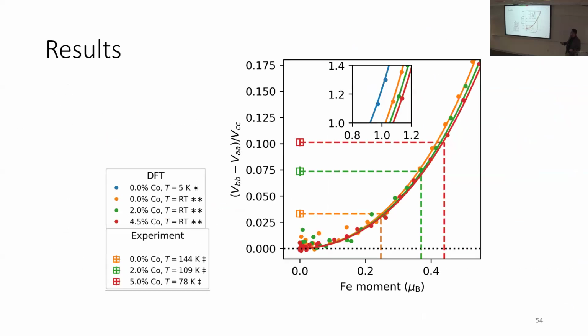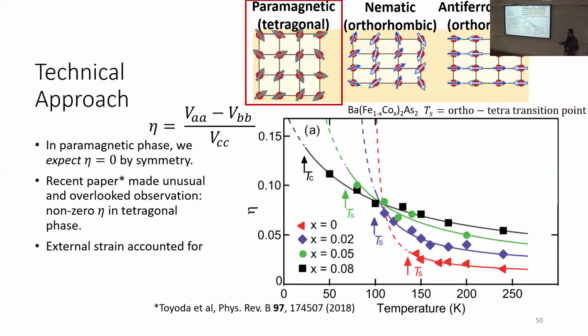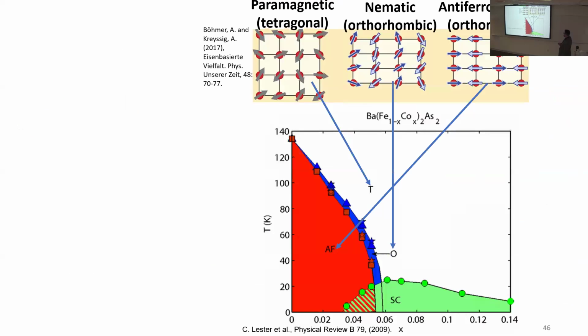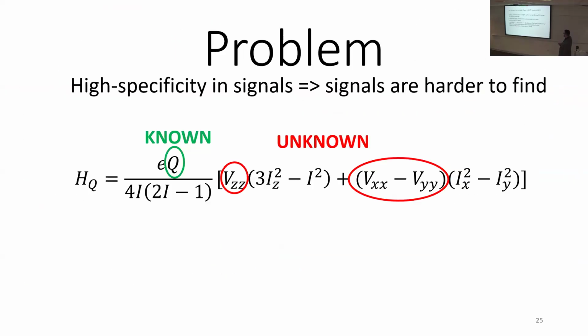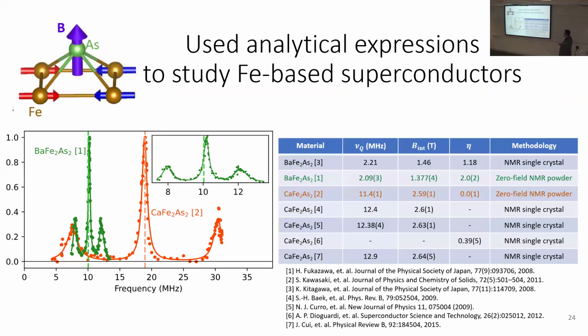Absolutely. In fact, that was the point I was making in this plot here. This is actual NMR data that I pulled from experiments. I fitted these data points, but this is what they gave in the literature.